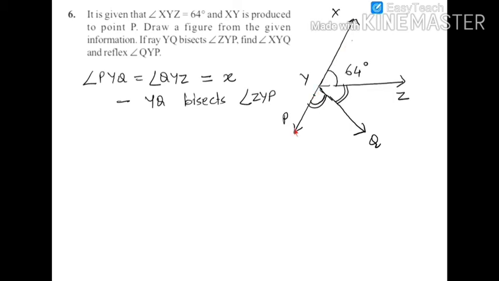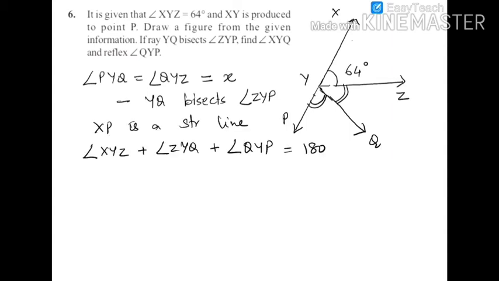XY is extended to point P, which means XP is a straight line. Therefore, angle XYP will be 180, but angle XYP is made of three angles: angle XYZ, angle ZYQ, and angle QYP. So we can write angle XYZ plus angle ZYQ plus angle QYP is equal to 180 degrees.